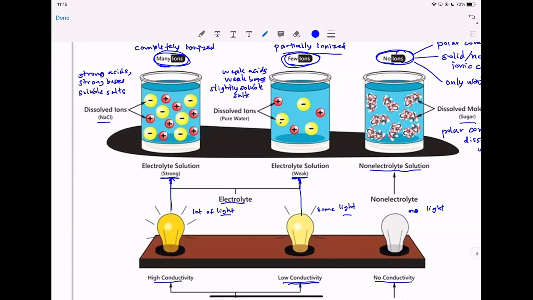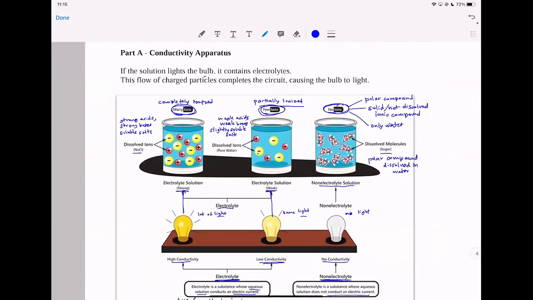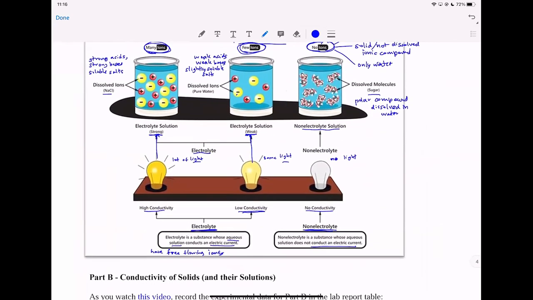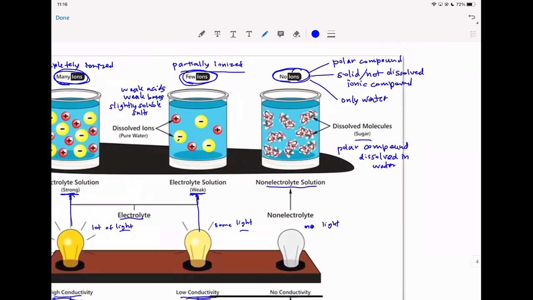So that's partially ionized because of the reverse reaction arrow. Either it didn't break apart very well or it reformed the solid, and usually some of both. So that is all about understanding when you see the light bulb light up a little bit, a lot, or not at all. And that is getting ready to understand what's going on for part B.